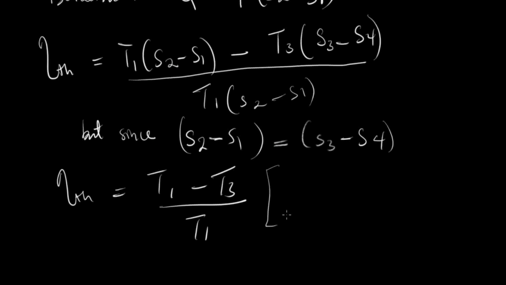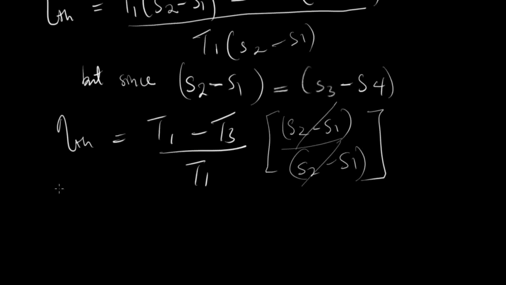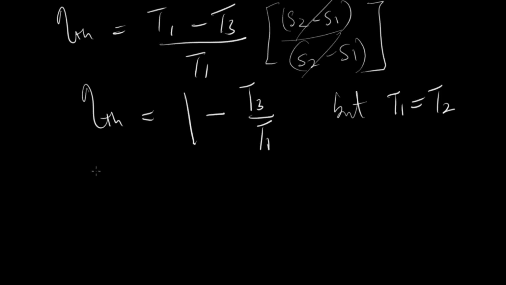When you factorize them out, S2 minus S1 will cancel out. So finally this becomes 1 minus T3 over T1, but you know that T1 is equal to T2, so we can also say that efficiency is 1 minus T3 over T2.